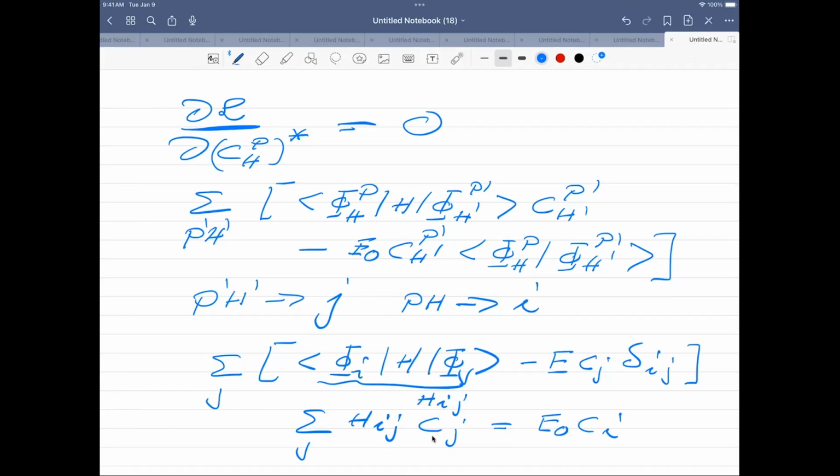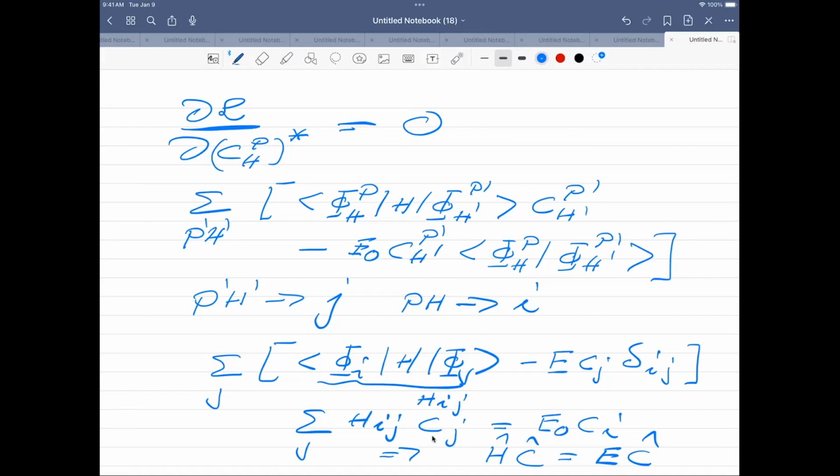So this is something you would also write in a more general way. So you would have a matrix times an eigenvector, and this gives us an eigenvalue E, where we don't need to specify this to be the ground state. And then we have the eigenvector here. So this is a standard eigenvalue problem. So when you now don't specify only one of the components, but you look at all of them.